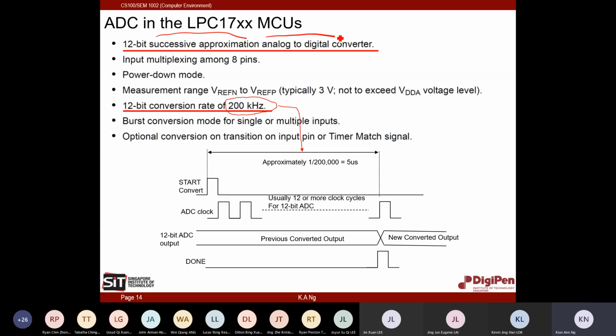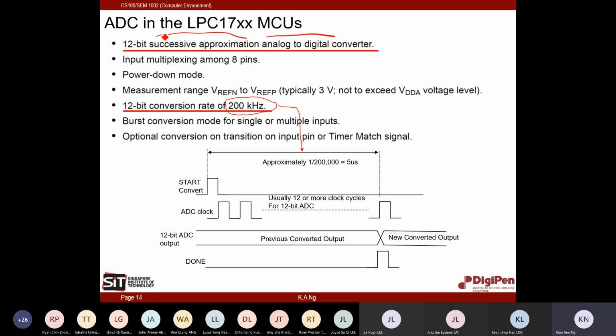I won't go through the detail, but remember you were asked to convert a decimal number to a binary number? What do you do? You divide. The successive approximation A to D converter is actually doing that. It's doing division in voltage in the circuit itself.